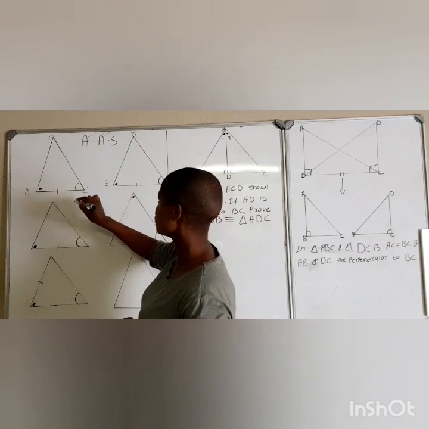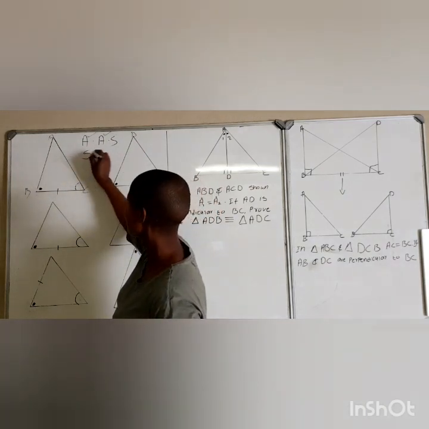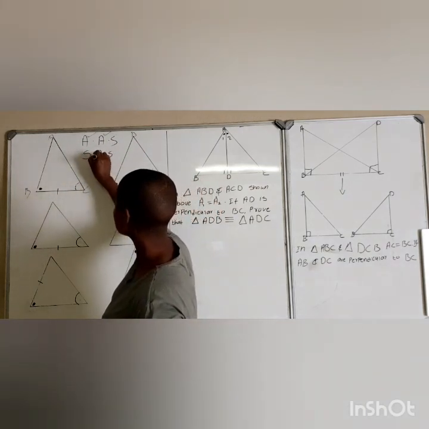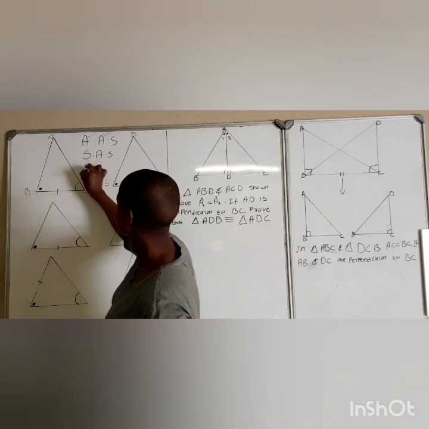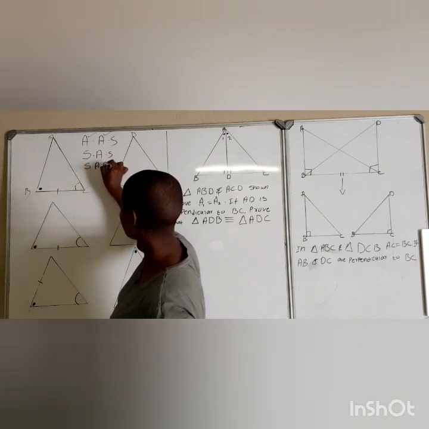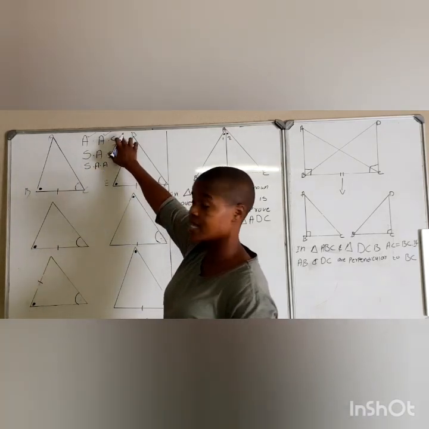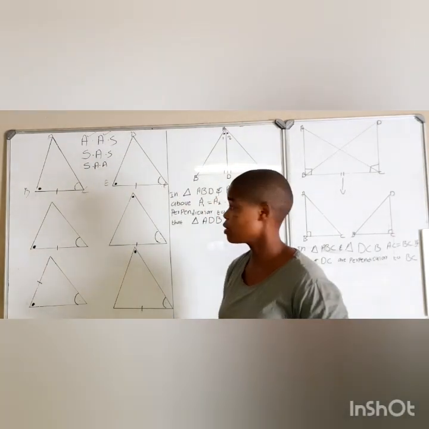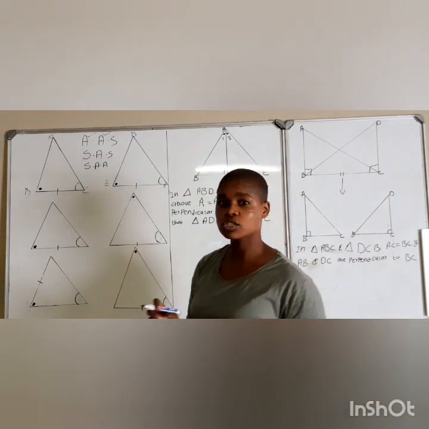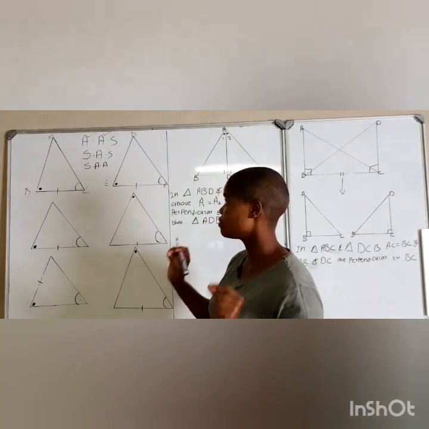Then we satisfy that condition. Remember, guys, you can write it as AAS or SAA, or SAS or SSA. If you wrote it like this, the next person like that, they mean the same thing. I just want us to note a very important fact here.